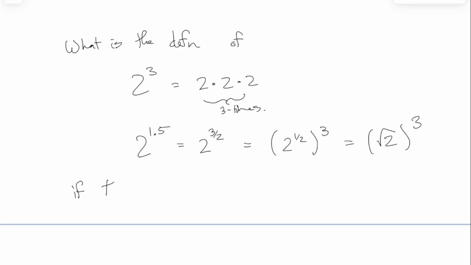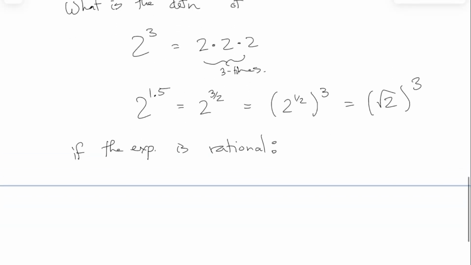If the exponent is rational, that is, if you can write it as a fraction, then, to finish the definition, if I were explaining this to a kid, I would say now this actually does make sense. It's root 2 times root 2 times root 2, 3 times. That's what that means.